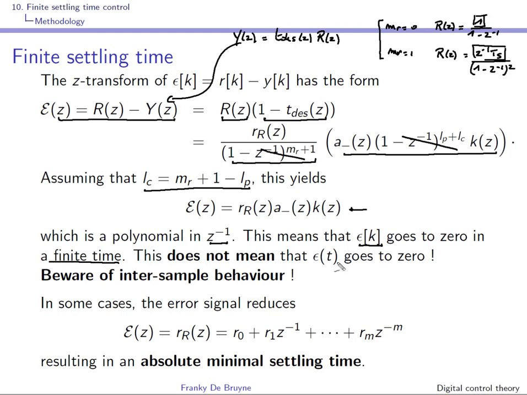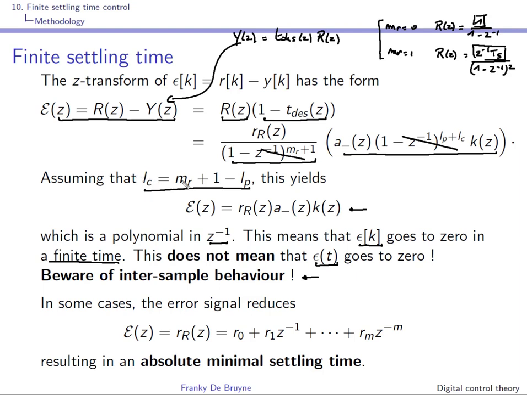But don't forget to check epsilon T, because you know this phenomenon of intersample behavior. This equation means, for instance, that if you want to follow a step signal, then MR is equal to 0, and if you do not have an integrator in the process, LP is equal to 0, then you need to put an integrator in the controller.